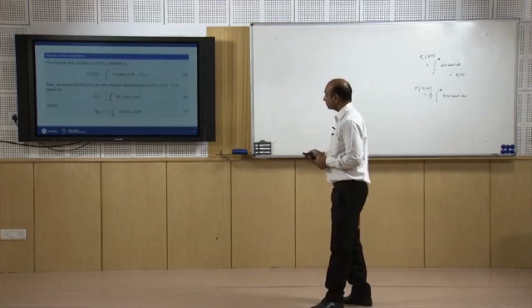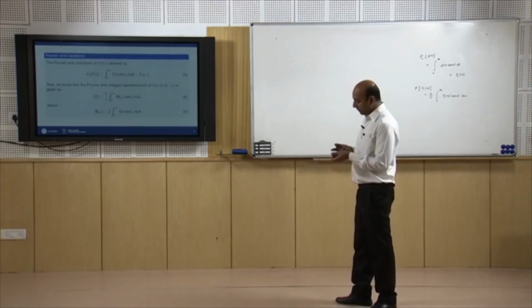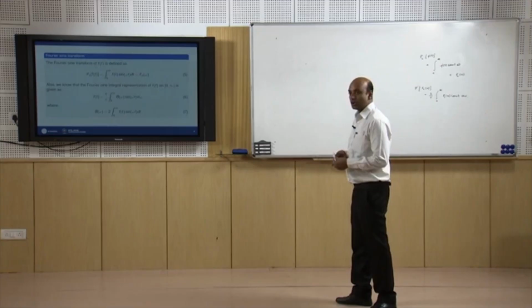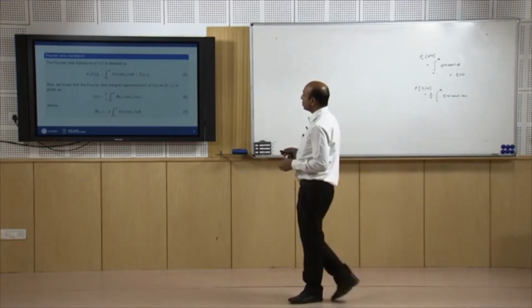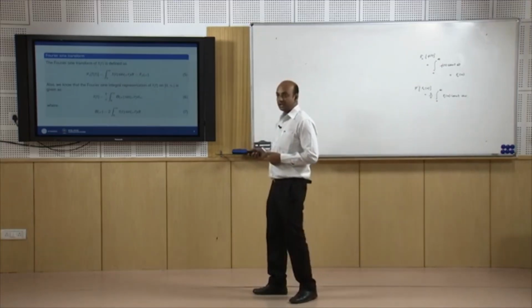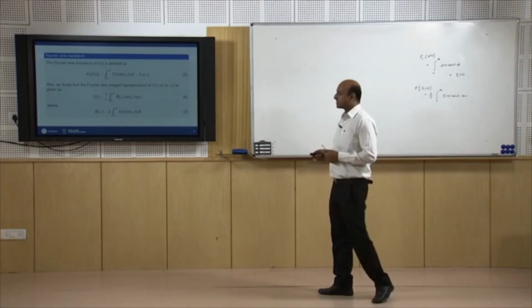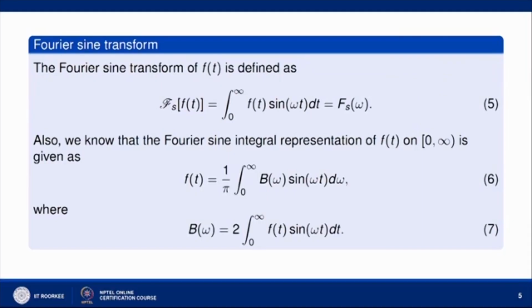Okay. Now, similarly, if we define the Fourier sine transform, it is given by the integral from 0 to infinity of f(t) sin ωt dt, which we denote as Fs(ω), and it comes from the Fourier sine integral representation of f(t), where B(ω) is this.